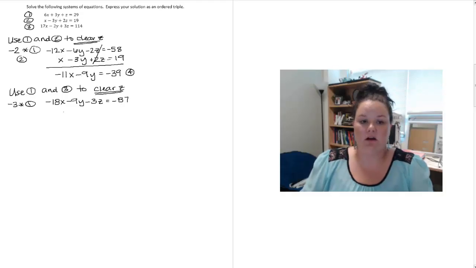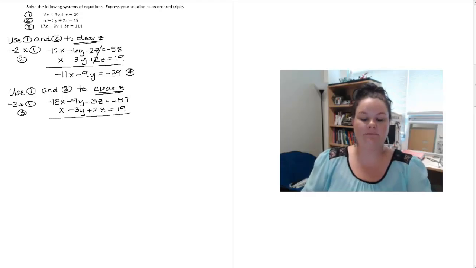And then I'm going to combine that with equation number 3, so I'll write equation number 3 here, which is x minus 3y plus 2z is equal to 19. Okay. I draw my line, and I combine straight down. So something should have canceled. What did I do wrong?